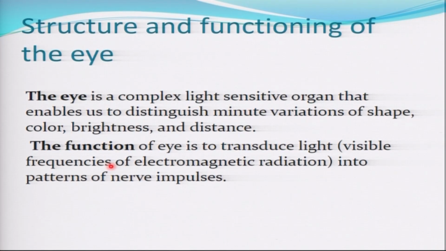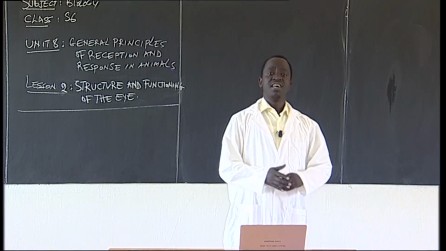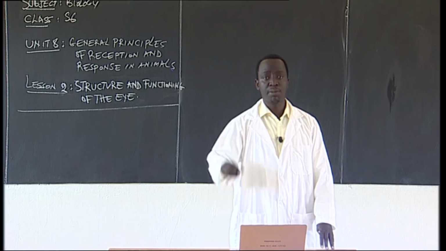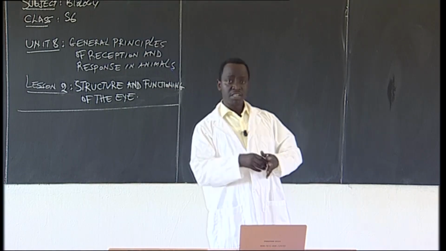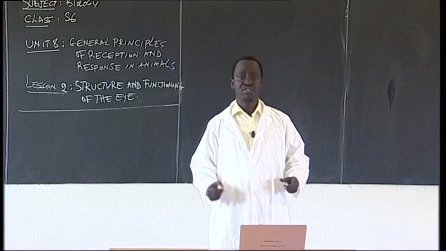We are going to see where the retina is located on the image. When those photoreceptors sense the light, the light is changed into an impulse, into a message. That process of changing the stimulus into an impulse is what we call transduction.